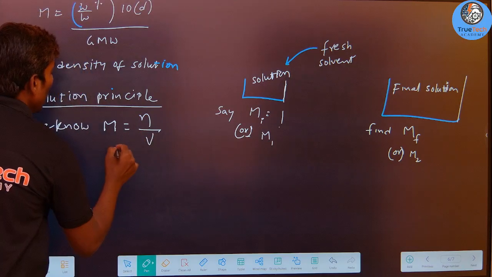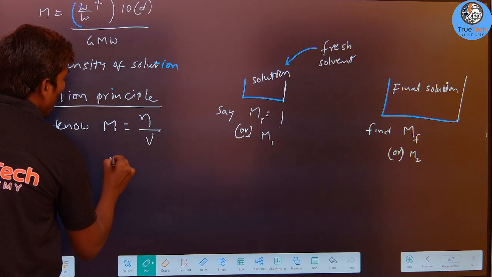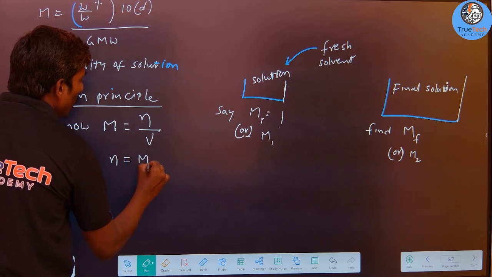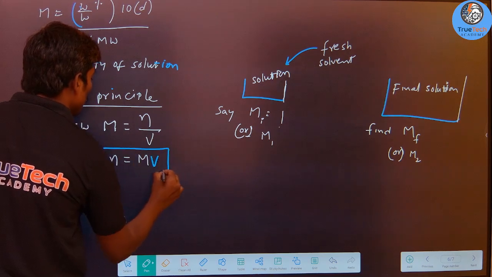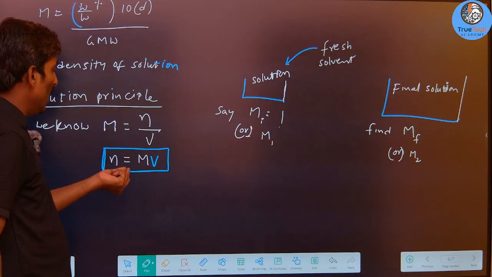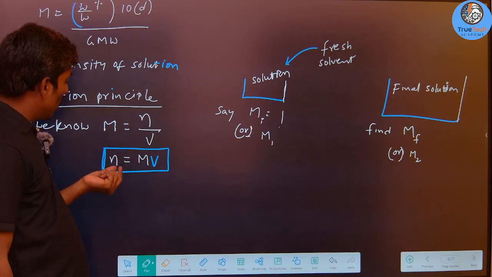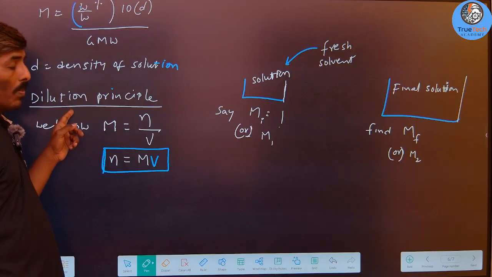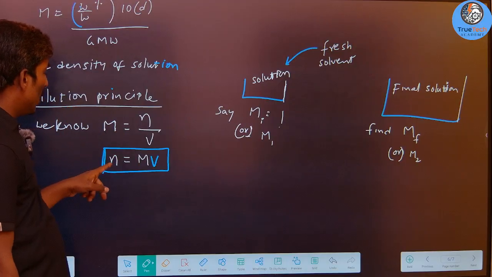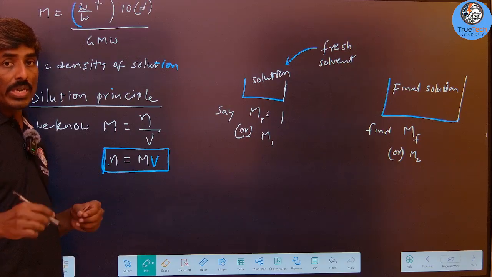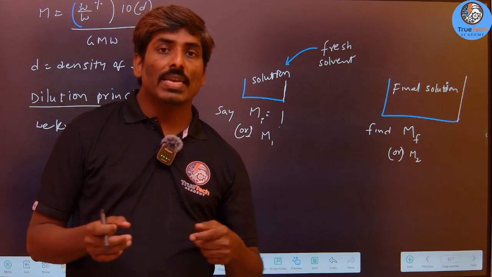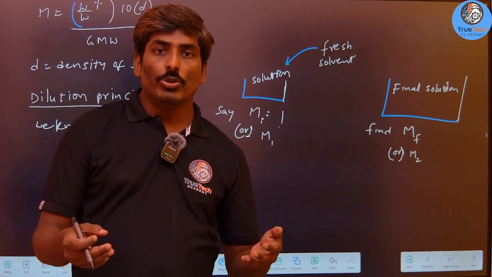So this can be rearranged to N equals M into V. If you observe properly, during dilution, N is fixed. What does N indicate? The number of moles of solute.